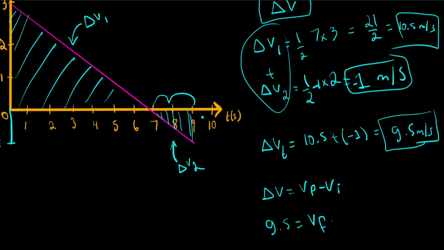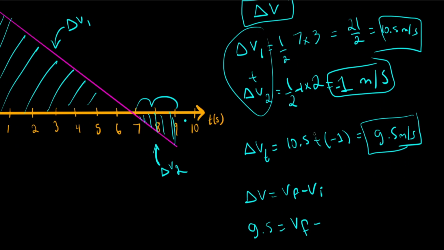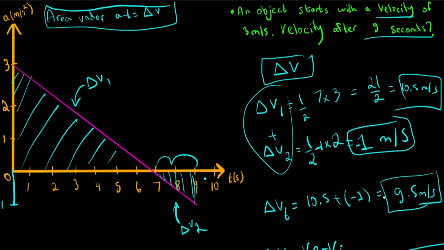We want to find V final, and V initial is equal to 3 meters per second. So we add 3 to both sides, and then V final is going to be equal to 12.5 meters per second. So this is the velocity after 9 seconds.